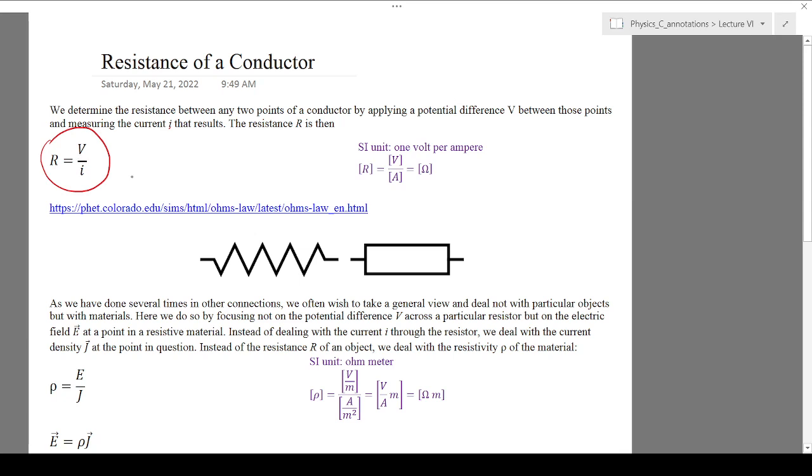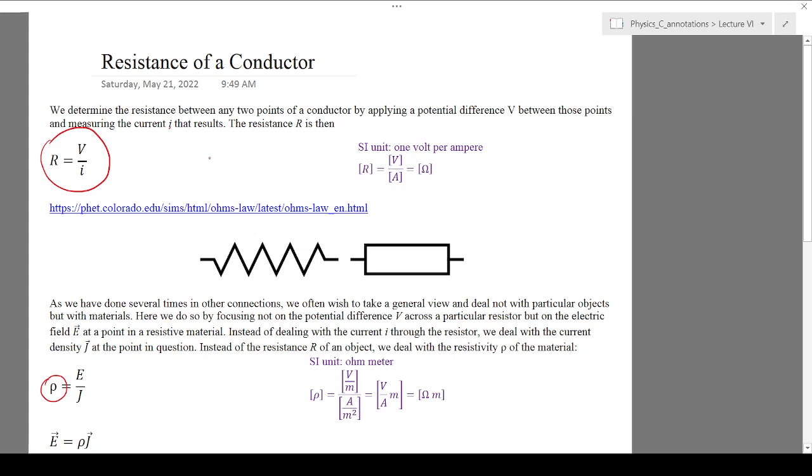This is also known as the first Ohm's law, and this is a property of the object. So every single object has a resistance. And what I'm going to talk about next is what we call resistivity. The resistivity is a property of the substance, of the element, and is not related with the object itself.